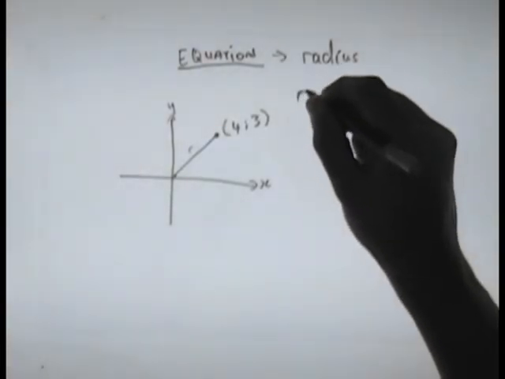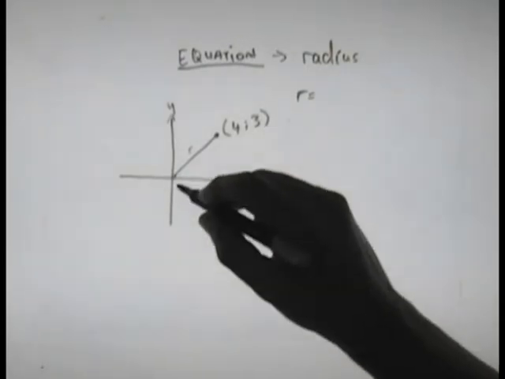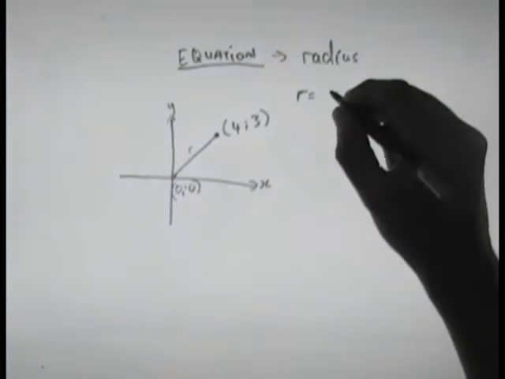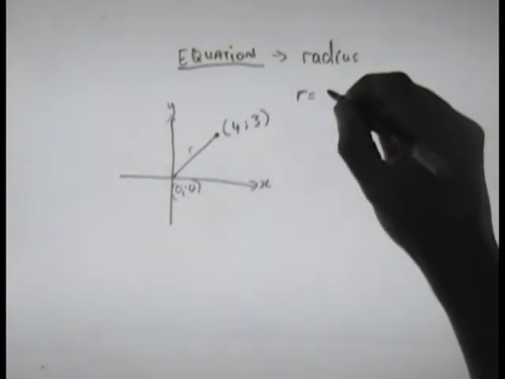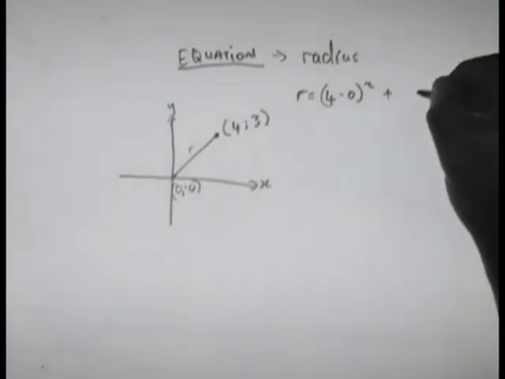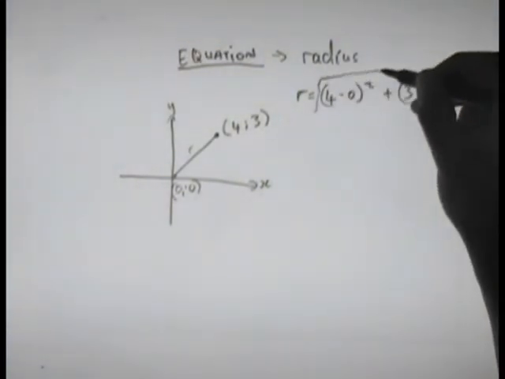R is going to equal, all we're going to use is our distance formula. Remember, that's the origin, so it's 0, 0. R is going to equal the square root of x2 minus x1, 4 minus 0 squared, plus y2 minus y1 squared.